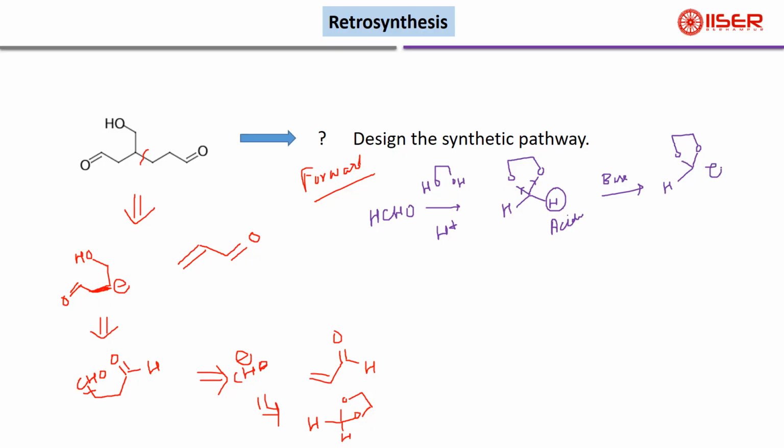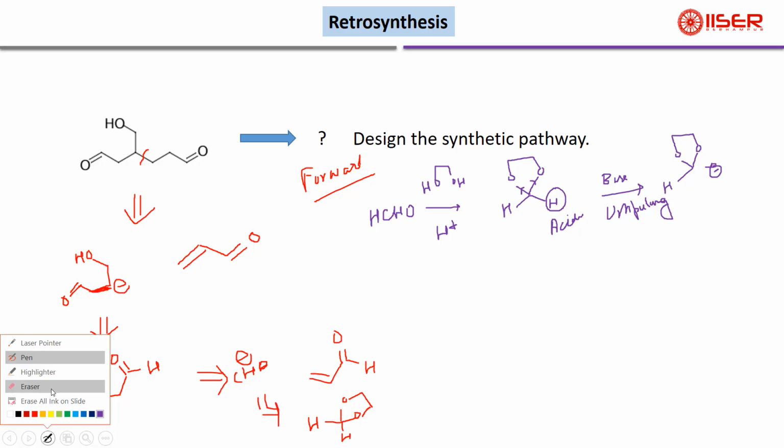So this is called umpolung, meaning polarity reversal. Polarity reversal means the aldehyde was electrophilic in nature, but just using this pathway, we made the aldehyde a nucleophilic center. That's why it's called a polarity reversal or umpolung.